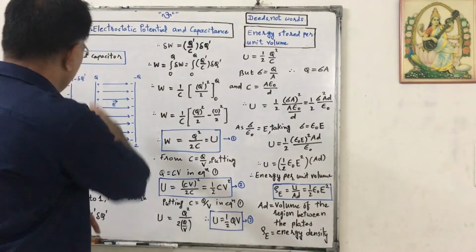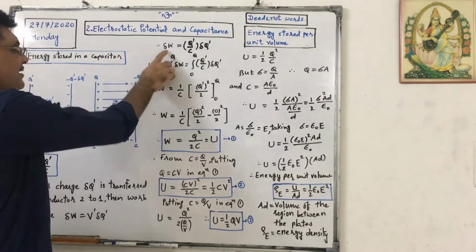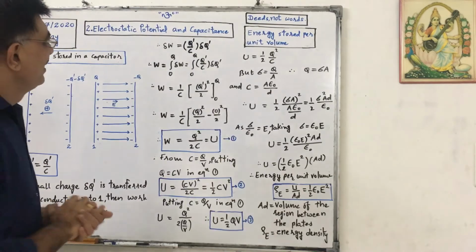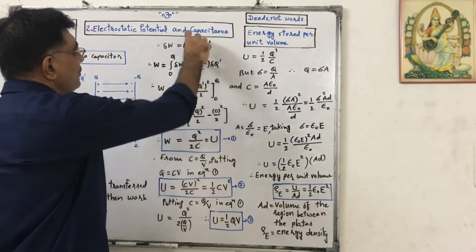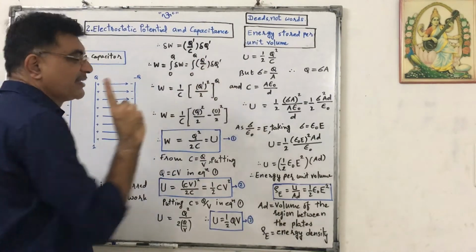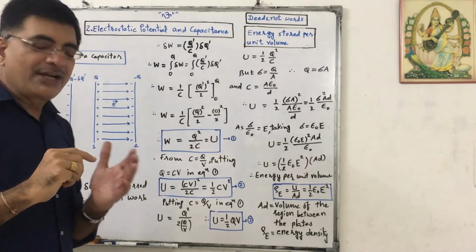Here initial charge was 0, final charge is capital Q. So integral from 0 to capital Q of dW, that is 0 to Q of Q dash by C delta Q dash. Now here the power is 1, so I have to add one power.